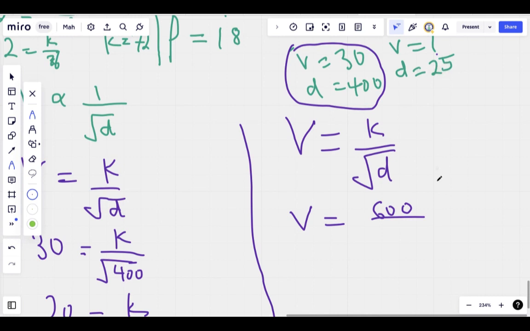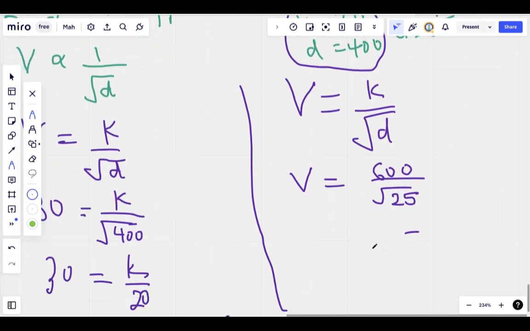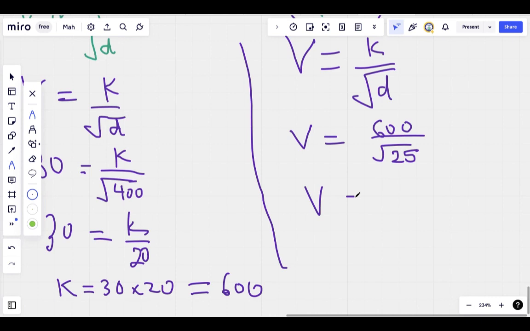Remember, D is now 25. The square root of 25 is 5. So we have V equal to 600 divided by 5.